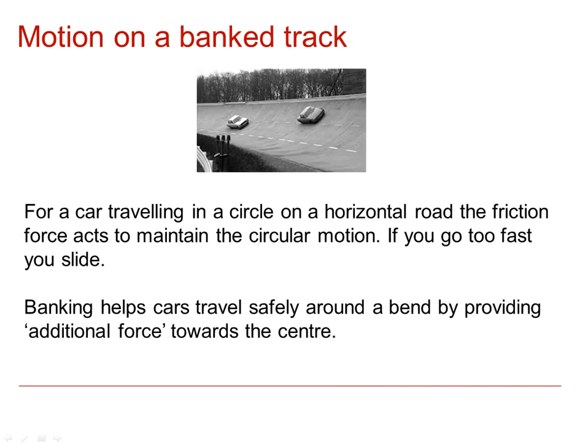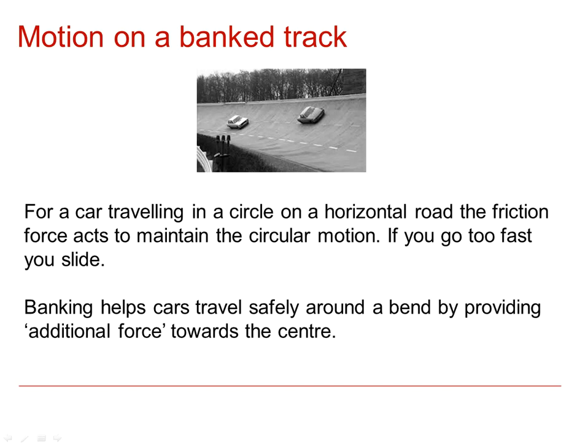We find a similar situation in real life, with cars going around banked tracks, not necessarily as banked as this would be on a motor racing circuit. However, in general, roads are banked slightly towards the center of the circle that you're moving around. The reason is that we can then aid the centripetal acceleration, or the force required, and not need friction.